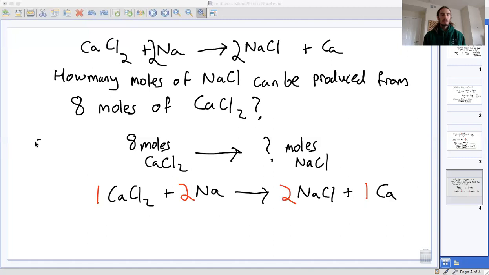Well, we're going to take 8 moles, what we're starting with, and divide by that coefficient, 1. That's just 8, which means that I need to take my entire recipe and scale it up by a factor of 8, right?